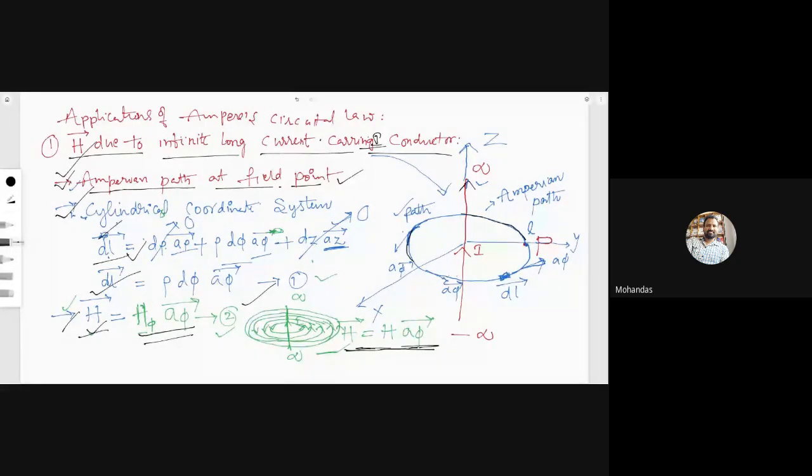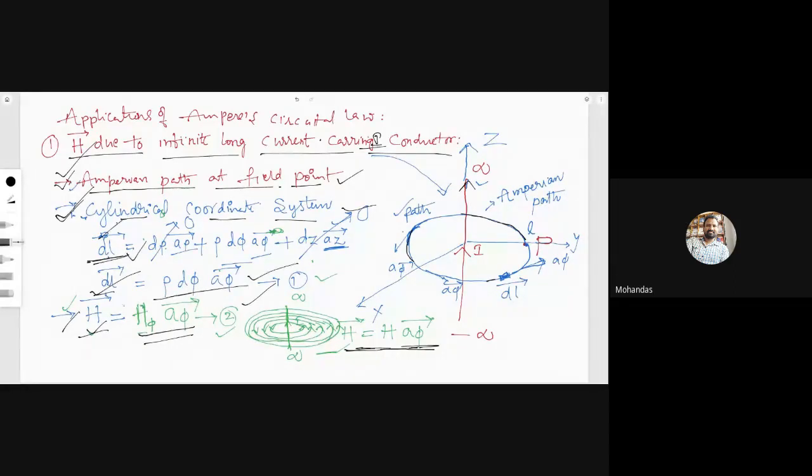The second step is to choose a suitable coordinate system based on the shape of the conductor. We have chosen the cylindrical coordinate system, so dl will be rho d phi a phi.